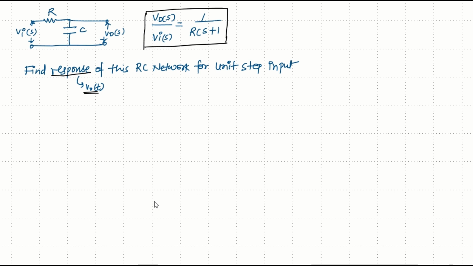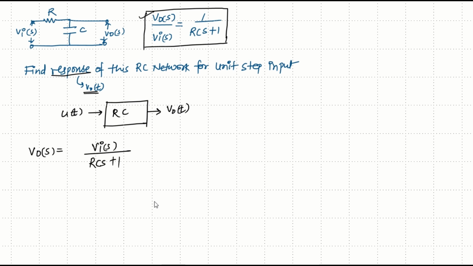Let us suppose this is the RC network, and we apply a unit step signal u(t) instead of the general signal Vi(t). What will be the output Vo(t)? We know this transfer function, so VOs will be given by VIs divided by RCs plus 1.